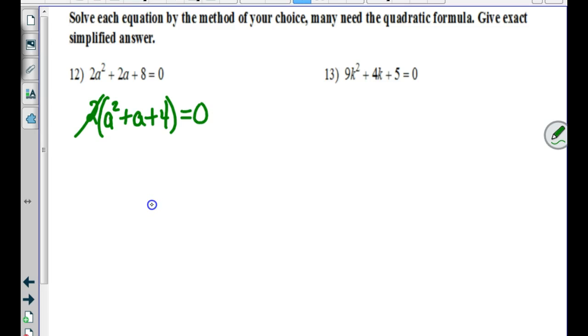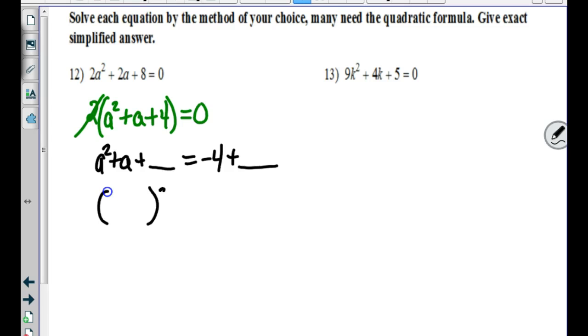Does that factor? No, it doesn't. So do you want to do completing the square or do you want to do quadratic? You want to try completing the square? All right. Good practice with an odd coefficient, right? I can do the same problem by quadratic if anybody wants me to, but okay.